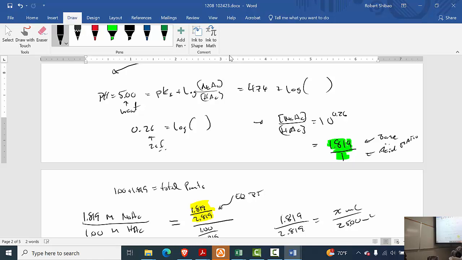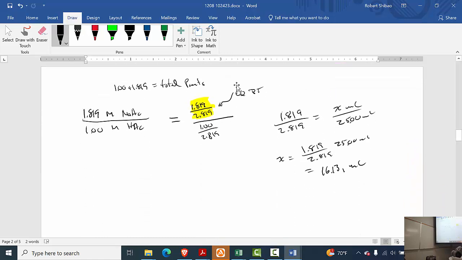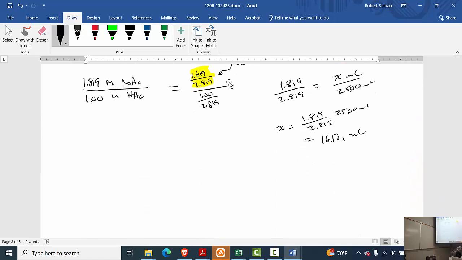The base to acid ratio, this is for conjugates. They both have to be weak. You can't put a strong base up here. If you put sodium hydroxide up here, it doesn't work. And they have to be conjugates of one another. Then it works. But this brings up another term that you should know. You should know optimum pH, you should know buffer range, and you should know buffer capacity.